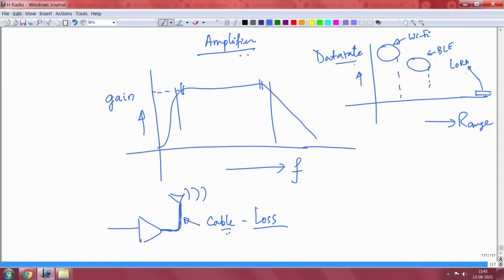LoRa says I will give you very low data rates, and I will give you a super amount of range. What used to be a few hundreds of tens of meters with BLE and maybe 100, 150 to 200 meters in Wi-Fi, you are getting 15 kilometers just like that, folks. And how is that possible? Because it is trading the data rate for the range. Okay. So that is the key point.